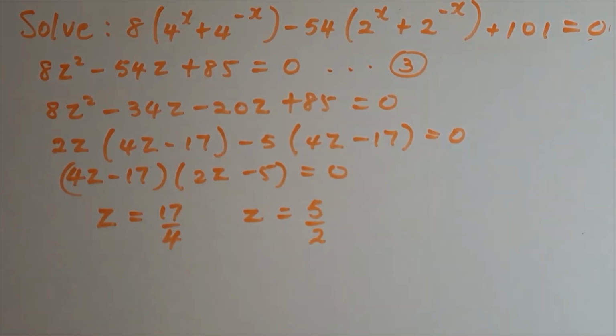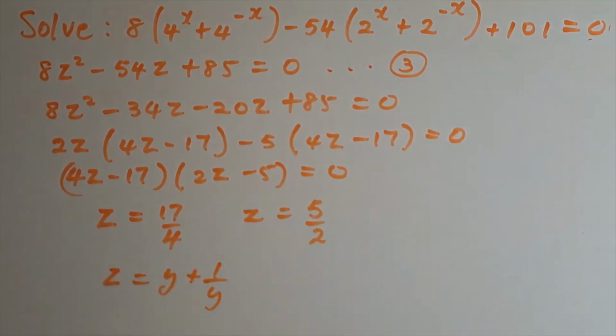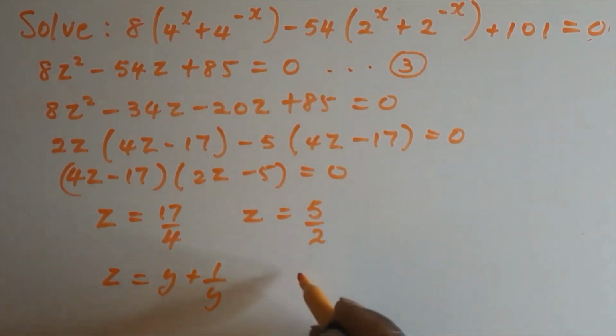But in addition to this, we have to evaluate what z is. And we know we're given in the part 1 video that z is equal to y add 1 over y. And so now we can calculate for y here. We can write this now as 17 over 4.